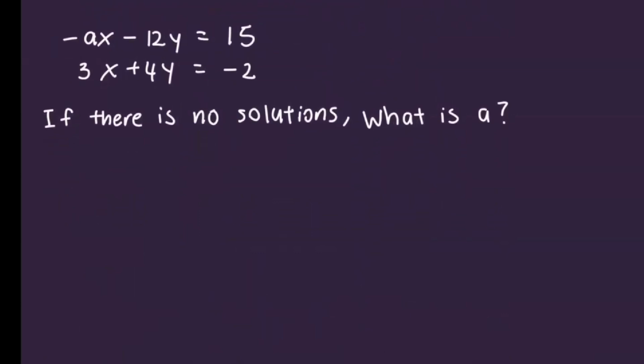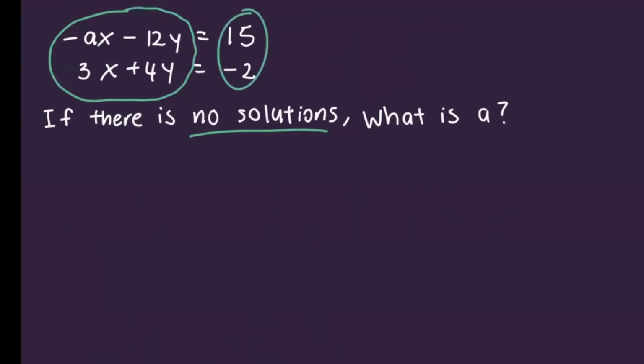So let's do a problem. If there are no solutions in this system, what is the value of a? As we know, if there are no solutions, then the coefficients will have to be the same on the variable side of the equation, with the constant being different. To get our second equation to have the same coefficients as the first, we can multiply by -3.